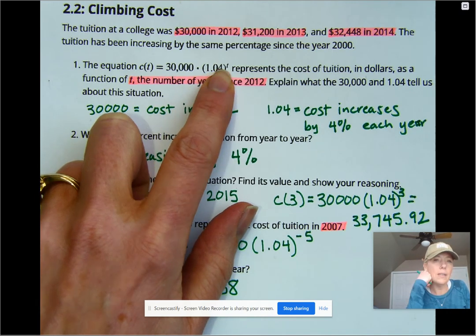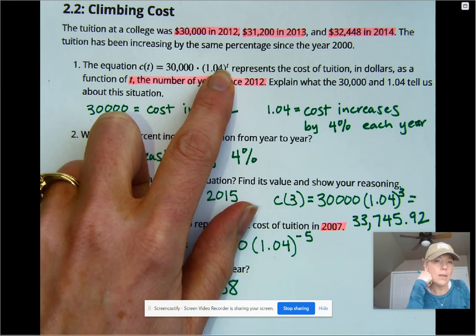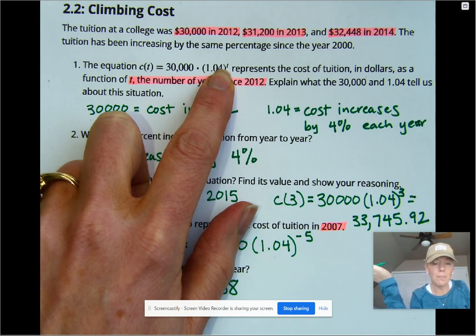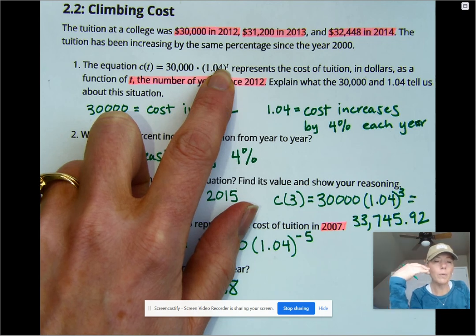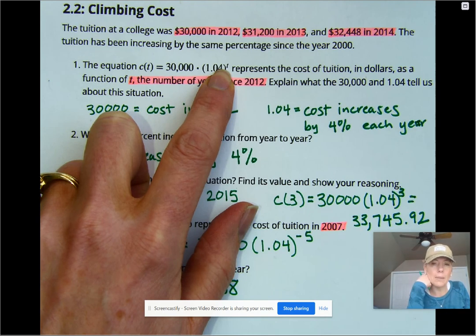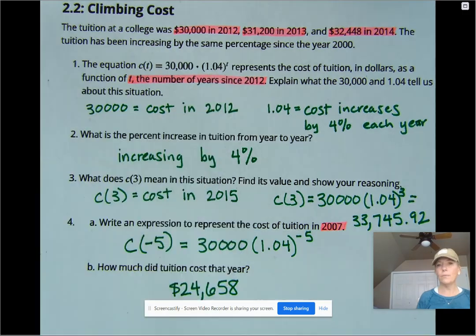And then t is going to be the number of years in relation to 2012. So if we're looking for a year after 2012, t would be a positive value. But in our last example, we were looking for a year before 2012, and that's when t would be a negative value. All right, that is the end of 2.2.